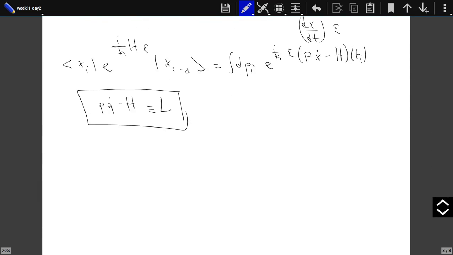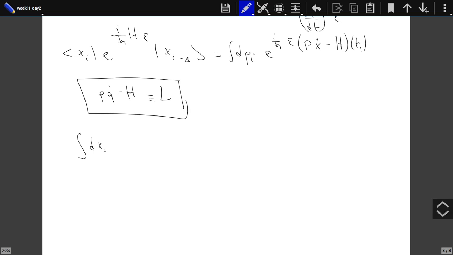So I would have the sum over, integral over all the dxi's, integral also over all the momenta, times e to the power i over h bar, epsilon p x dot minus H times ti, sum over all i. But again, I will eventually take the limit as epsilon goes to 0, n goes to infinity.